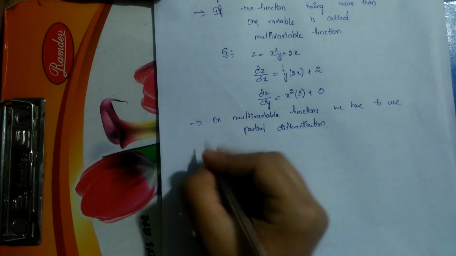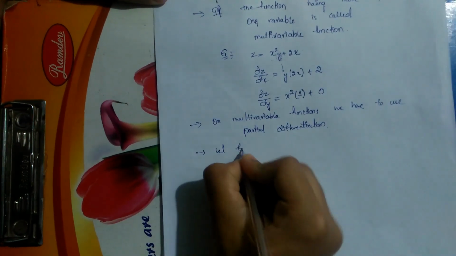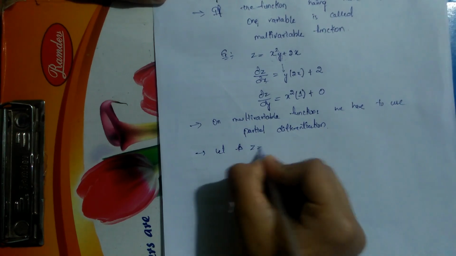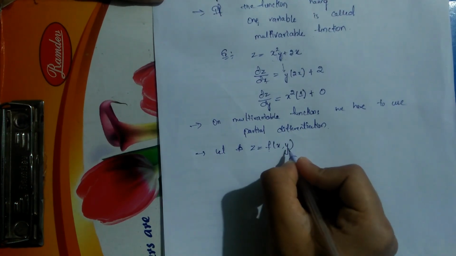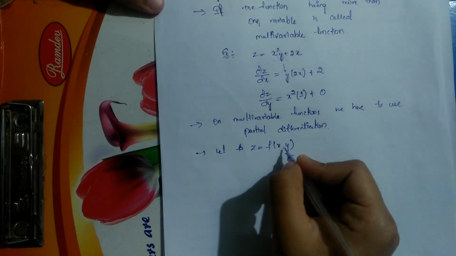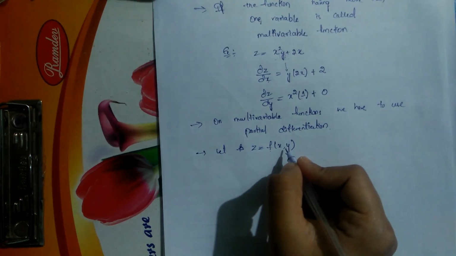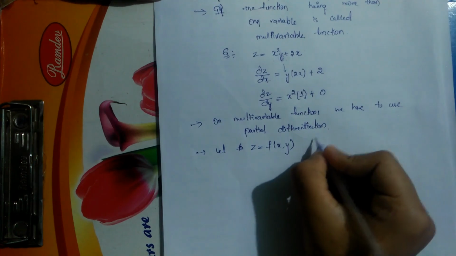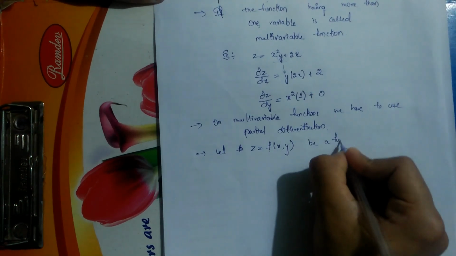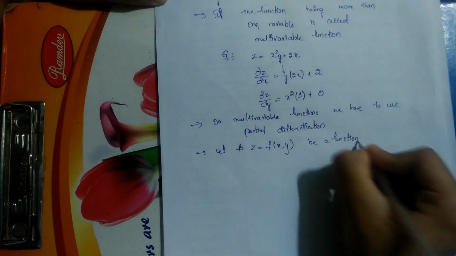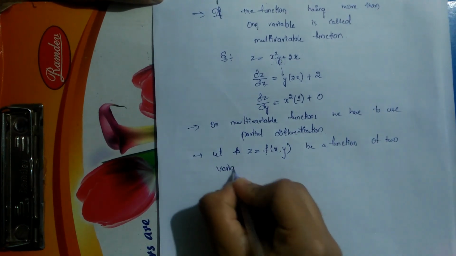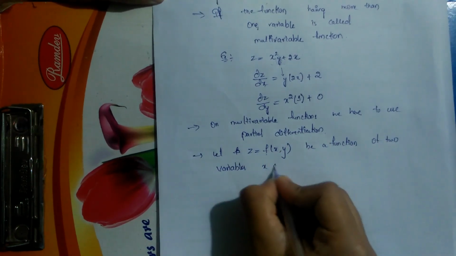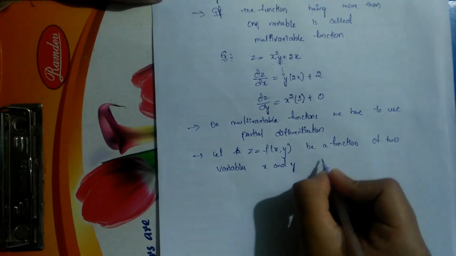Here, let z be a function with variables x and y. So f of x comma y means the function has the two variables x and y. Let it be a function of two variables x and y.